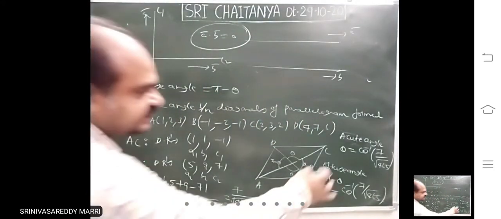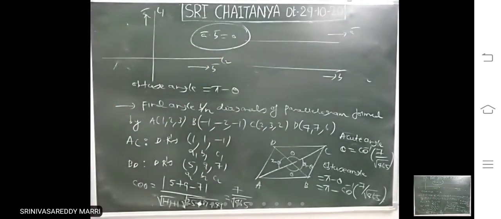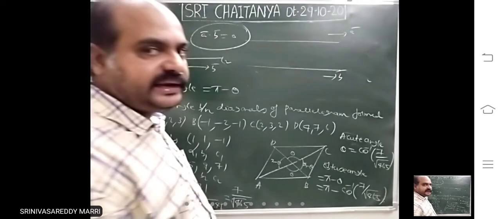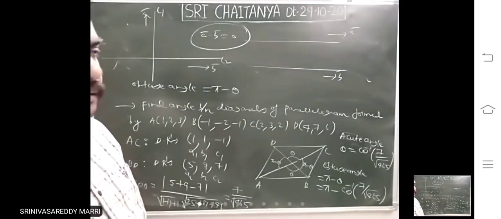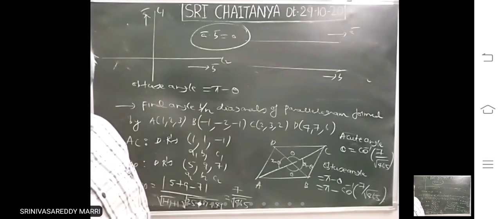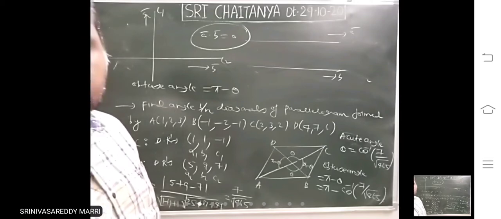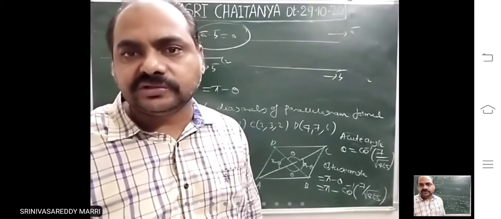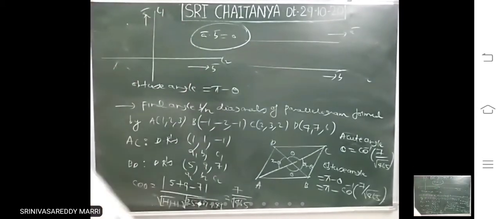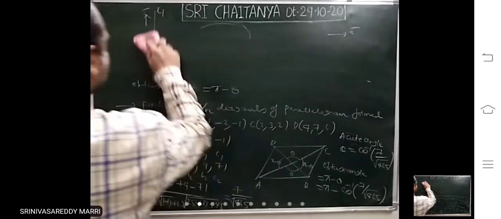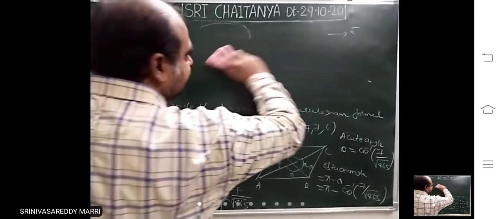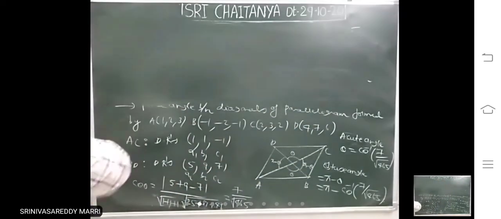He can give either one, no problem. Both are correct. If you got 60, he will give 120, which is 180 minus that. No need to be confused. One is the acute angle, one is the obtuse angle, and both are angles between those two lines. Just like that, if the DRs are known, take another problem.